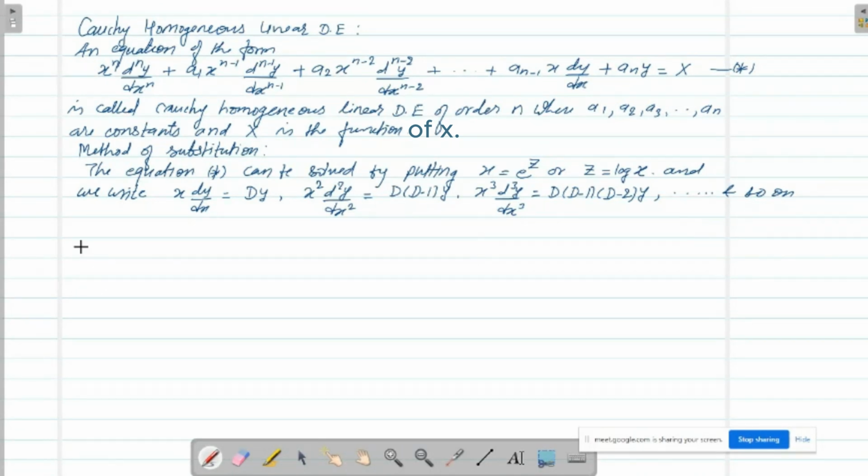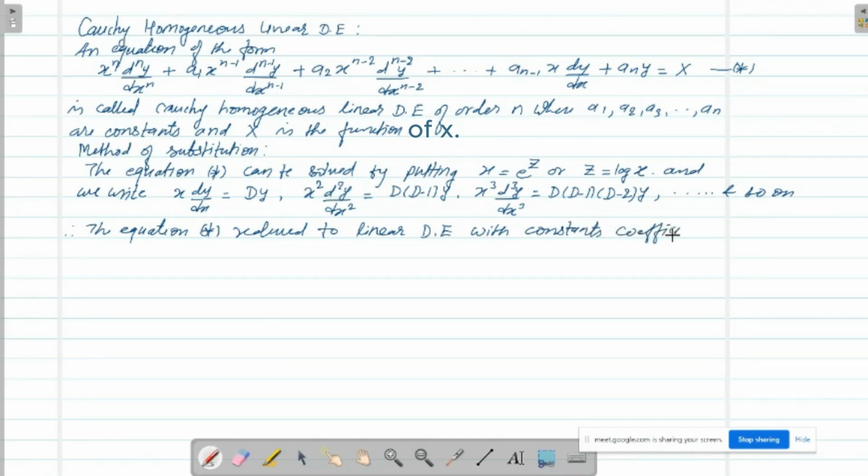Okay, so and so on. Therefore the equation star can be reduced to a linear differential equation with constant coefficients.